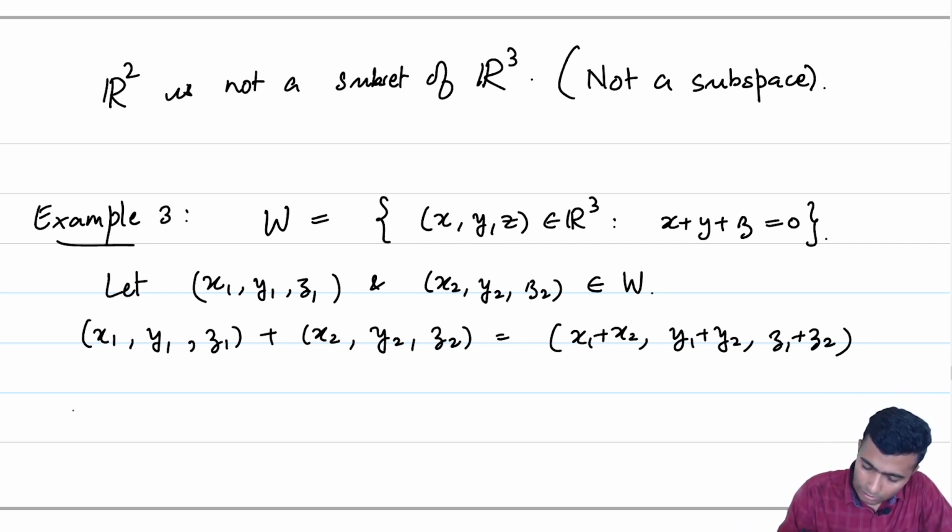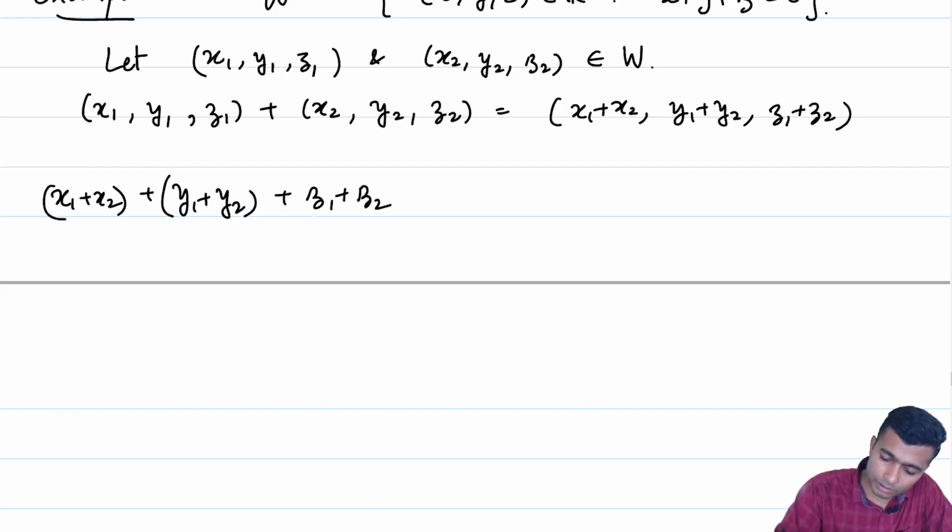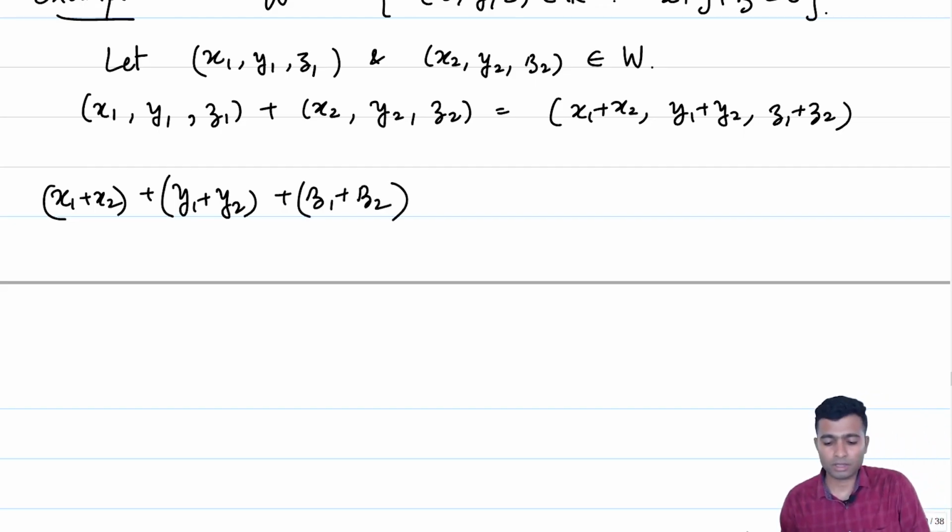So consider x1 plus x2 plus y1 plus y2 plus z1 plus z2. This is the sum of the coordinates, but these are all real numbers which are being added up, and we know that addition is commutative, and also the order in which we add up these numbers does not matter, right.